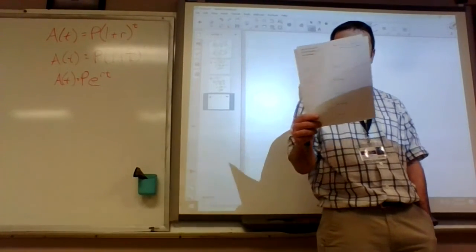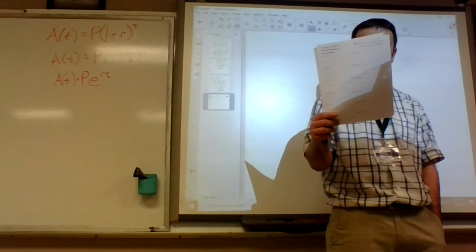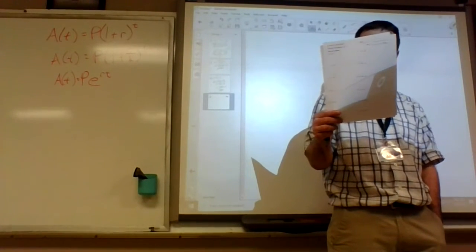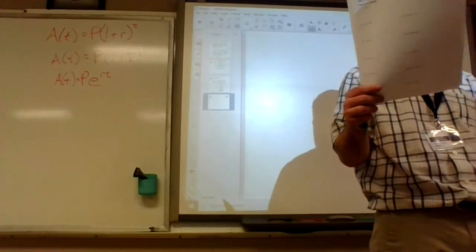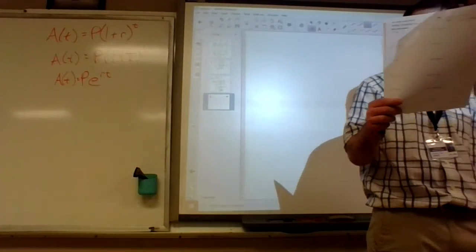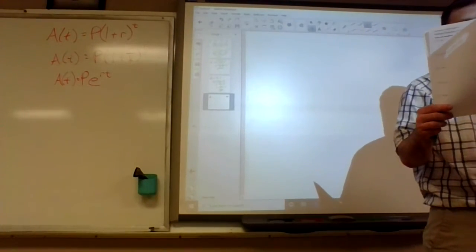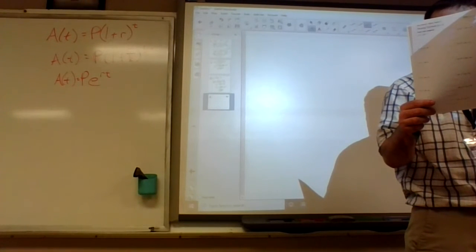Okay. Sam, 17. 4r plus 5, 4r minus 5. Okay. Britton, 19. 5m plus 9, 5m minus 9.